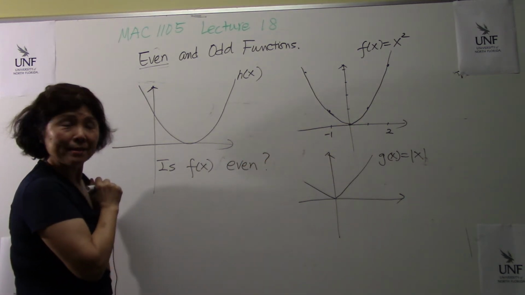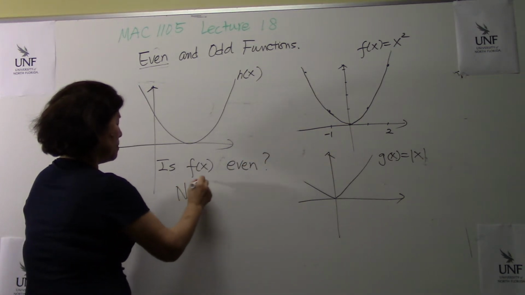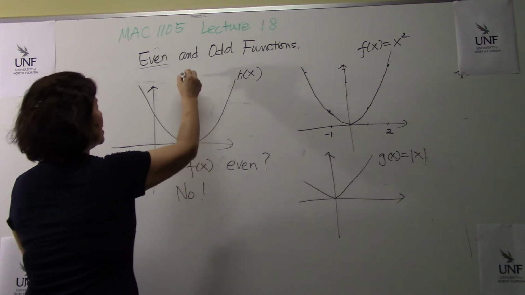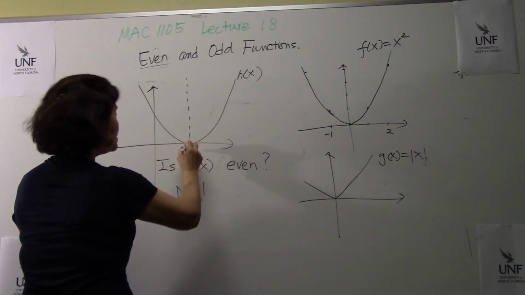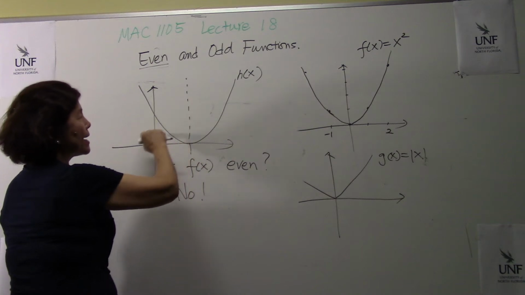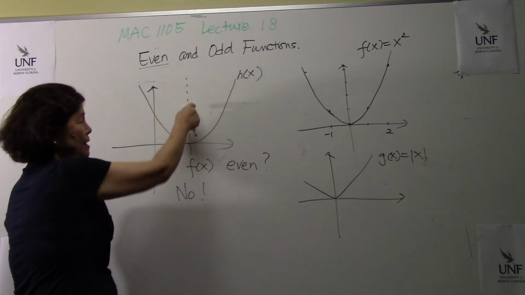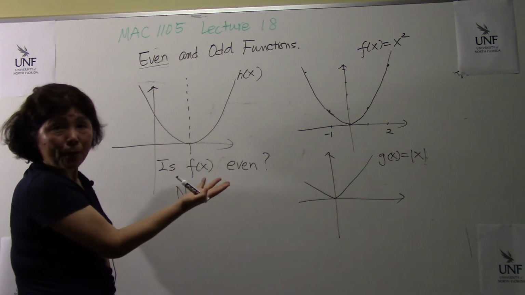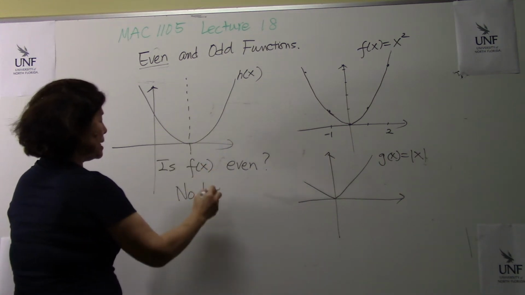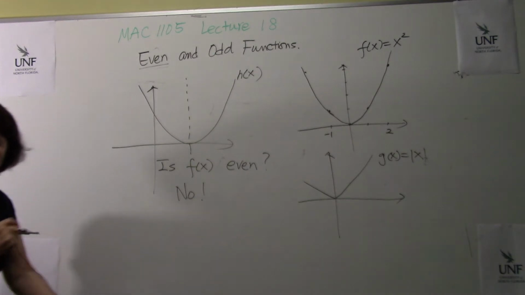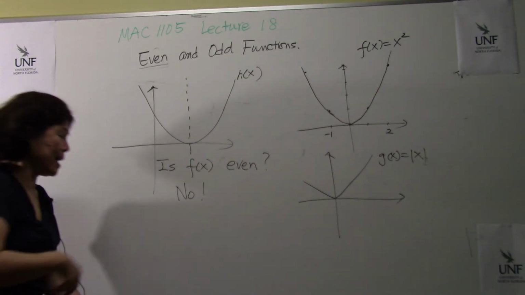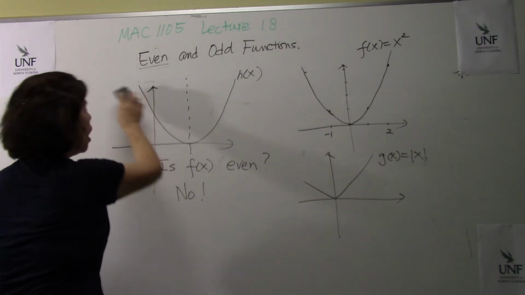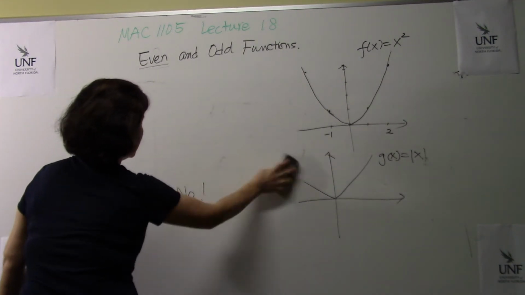The answer is no. Because we see a symmetry, but the symmetry has to be over the y-axis. Obviously, this dotted line is a line of symmetry. However, this is not the y-axis. So this is not an even function. Make sure that the symmetry has to be about the y-axis.